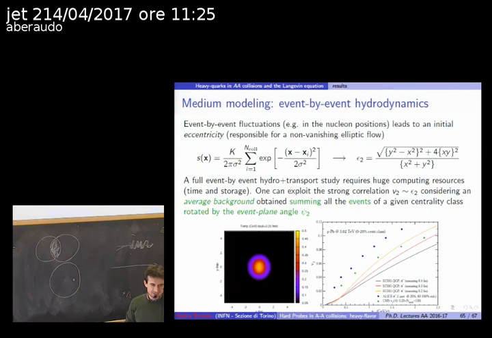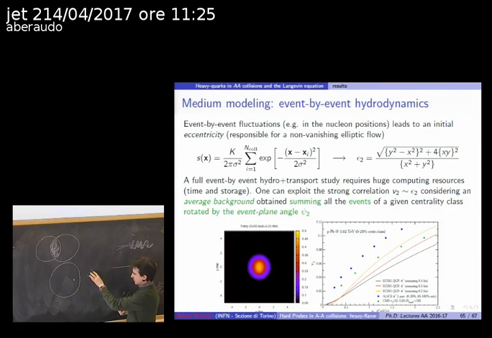So in order to model the initial spatial asymmetry of the system, I must really perform an event by event study in which the spatial asymmetry comes from the random position of the nucleons in the target nucleus.